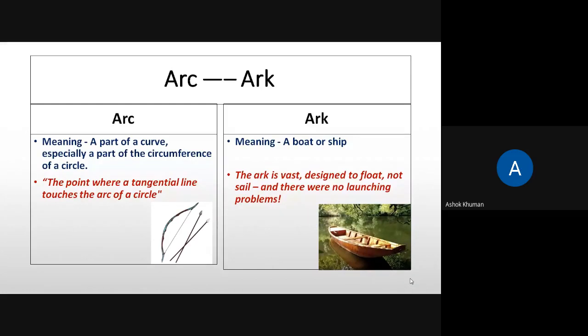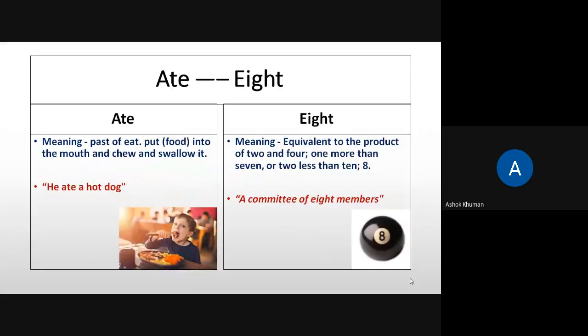Arc, ark. R is silent in both the spellings. And eight, ate. Past form of eat, ate. But generally A and E is pronounced as A, eight. For example, gate.